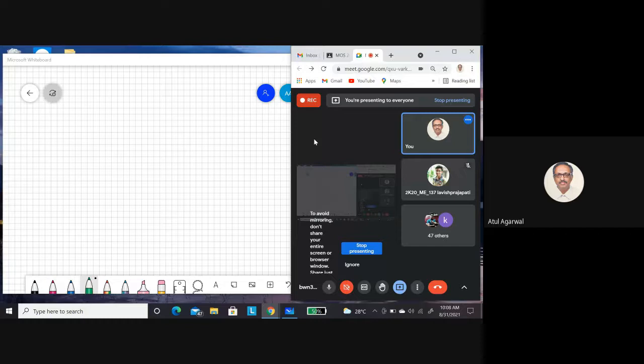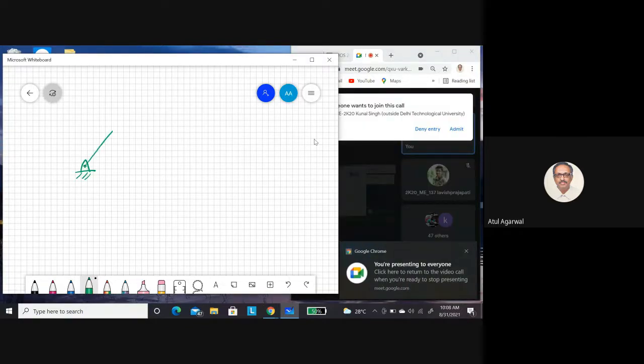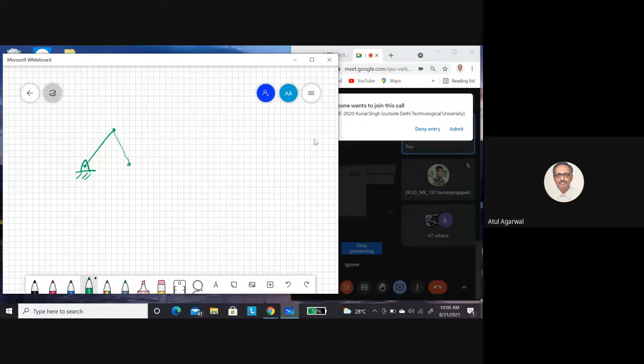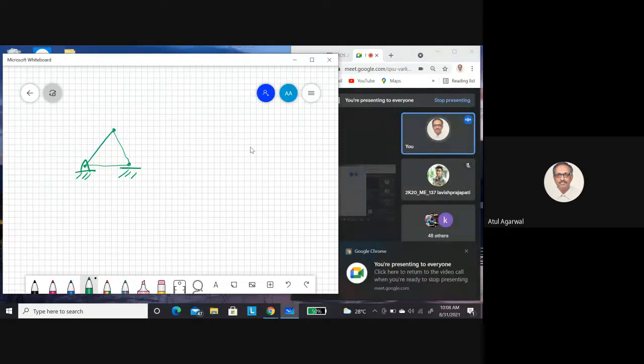So you can take an example of a typical truss. So this is your example of a typical truss.